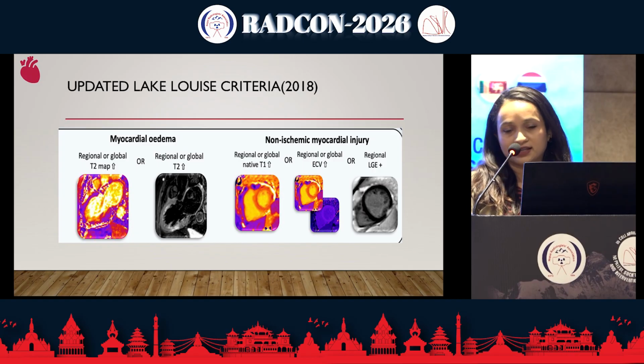In non-ischemic myocardial injury, there is a regional or global elevation in native T1 relaxation time, elevation of extracellular volume, or regional enhancement of the left ventricular myocardium. If we see one criterion from myocardial edema and one criterion from non-ischemic myocardial injury, it fulfills the criteria for the diagnosis of myocarditis.